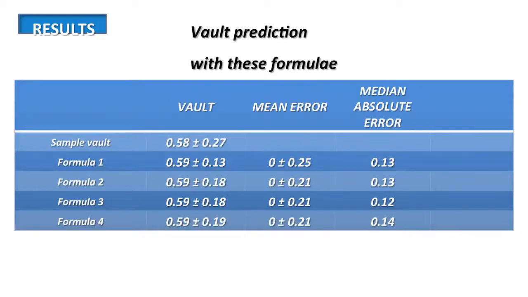And finally, in this calculating group, of course the mean error is 0, because the formula has been calculated in this group, and this was the median absolute error. And we saw that the best result was for formula 3, so from here on I will only talk about formula 3, which from these results I decided was the best performing one.